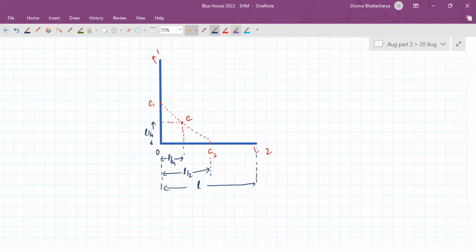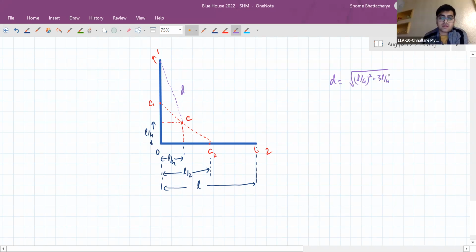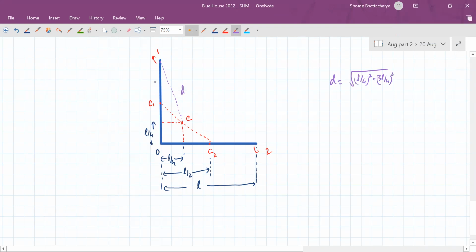Now you can see what this distance D will be. D is the square root of (L/4) squared plus (3/4 L) squared, since this distance is 3/4 L. So D is L/4 root of 10. Correct.